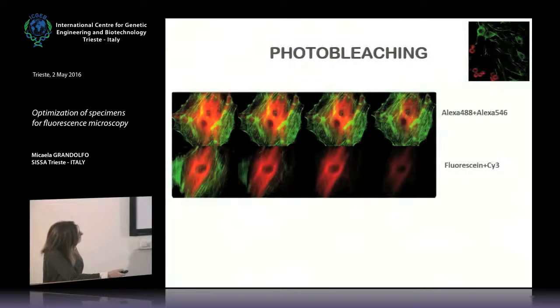Here there is a comparison between two couples of green and red fluorophores, Alexa 488 plus Alexa 546 and fluorescein plus Cy3, same sample and same type of illumination, and it is clear that the first couple is more resistant to photobleaching.